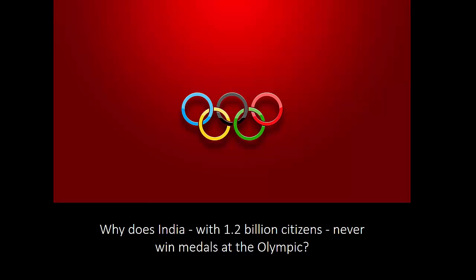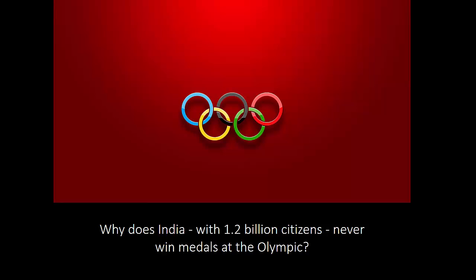When we look at Ireland, Ireland has 4.5 million people. Maybe the first 20 years there was no Ireland, we can debate about that. But in the modern Olympic Games, Ireland won a total of 53 medals.